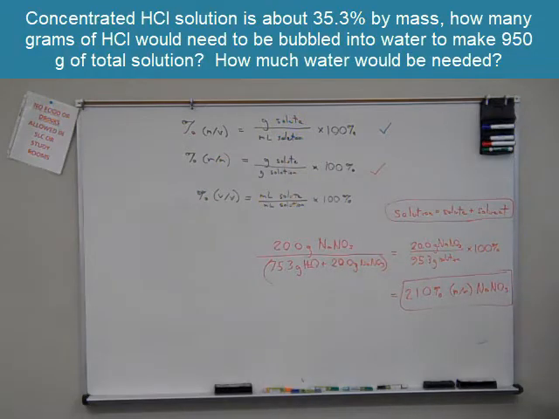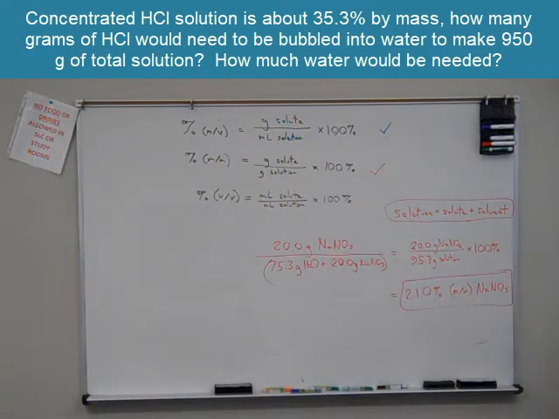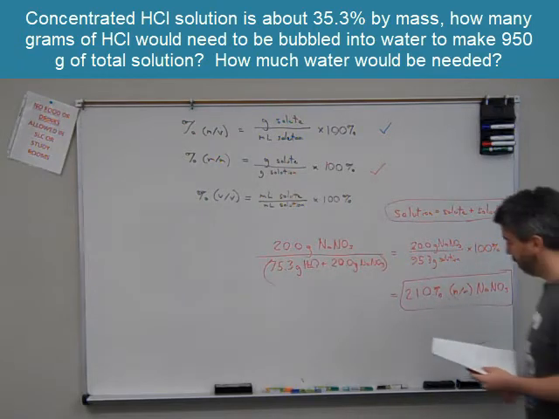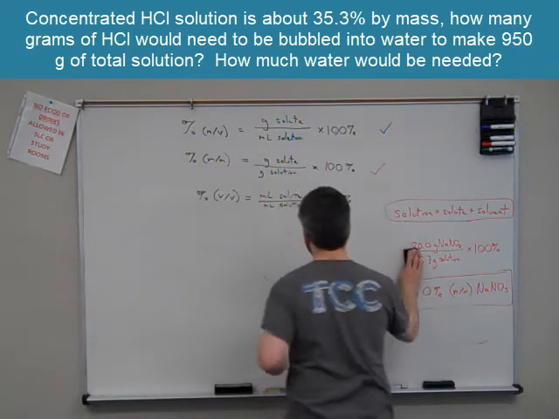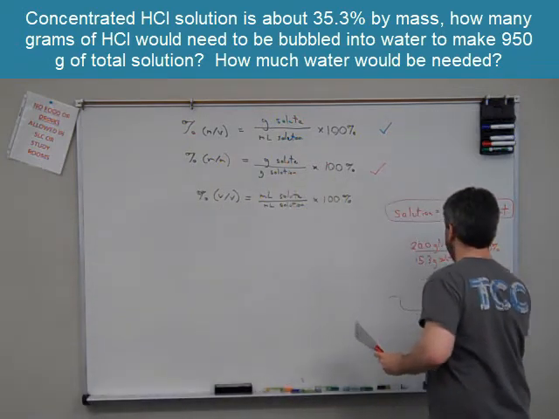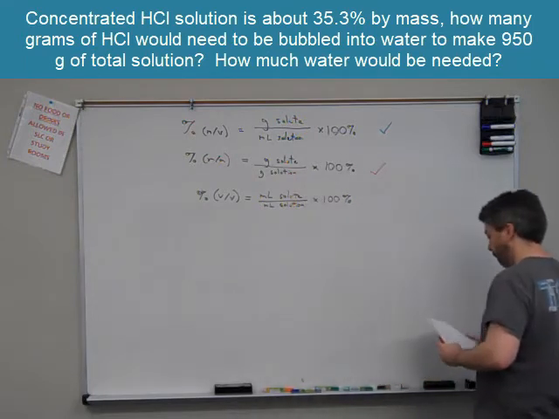Number 10 says, concentrated HCl solution is about 35.3% by mass. How many grams would be needed to be bubbled into water to make 950 grams of total solution? And how much water would be needed? So this is once again a case where you're given the concentration: 35.3% by mass.